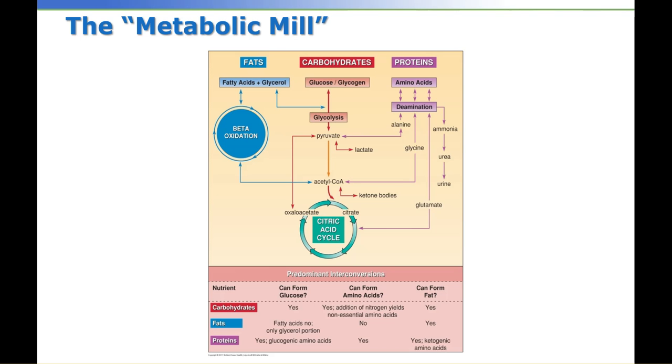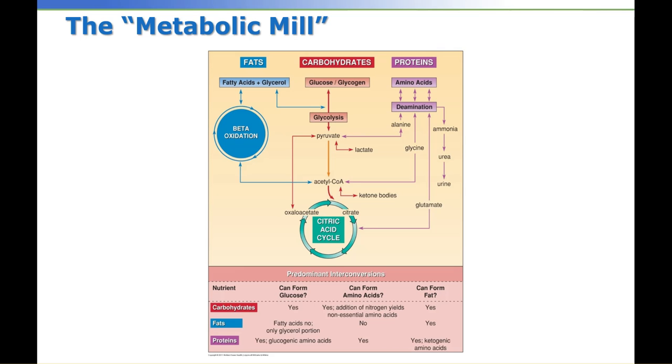Oh, we need carbs to basically create the ATPs from fats, and then the glycerol portion can actually go through the pathway of glycolysis and go directly through the citric acid cycle.